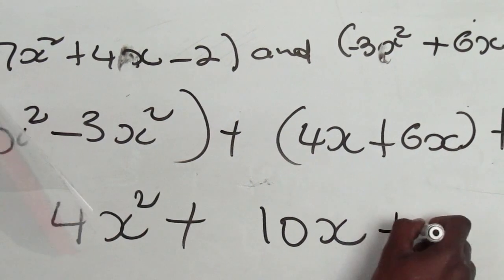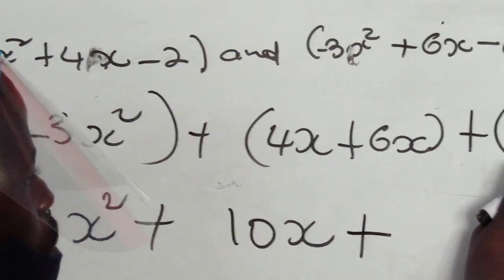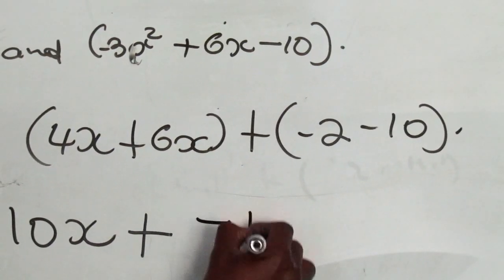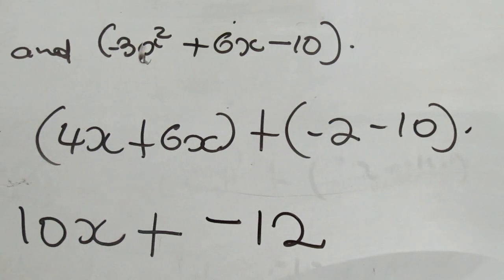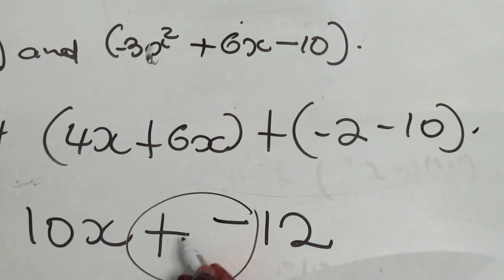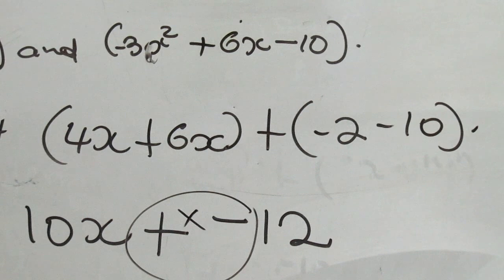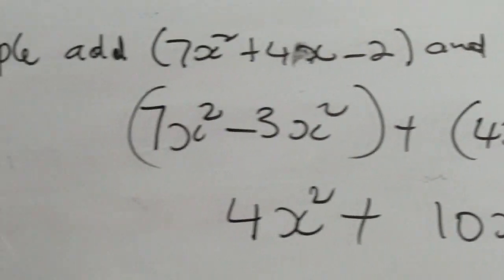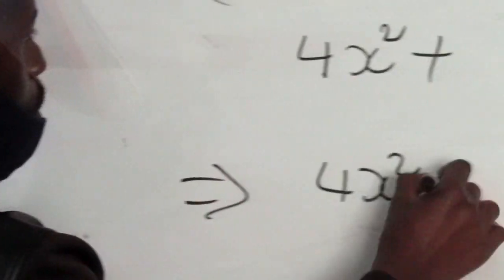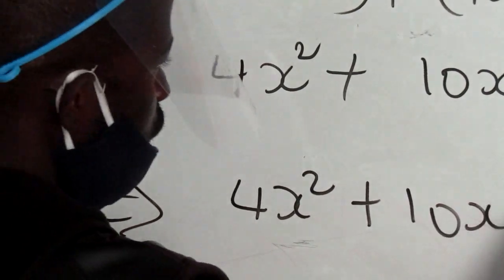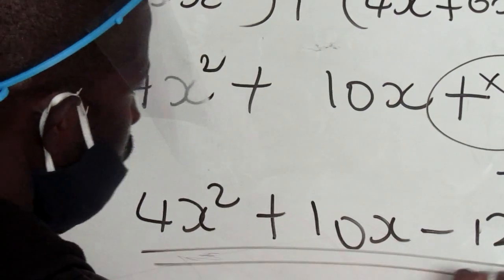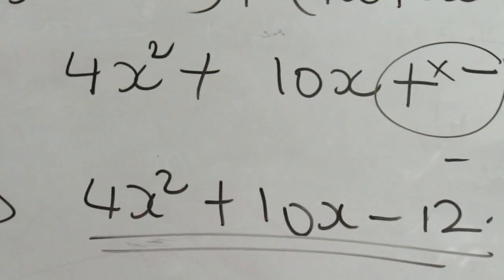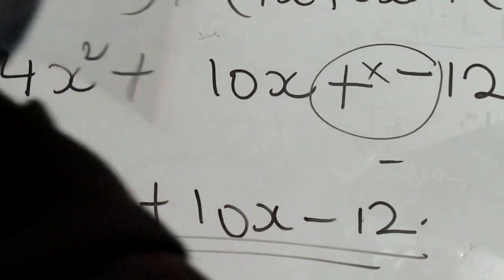Then plus negative 2 minus 10, we get negative 12. So our final answer is going to be 4x squared plus 10x minus 12. That is how we simplify expressions.